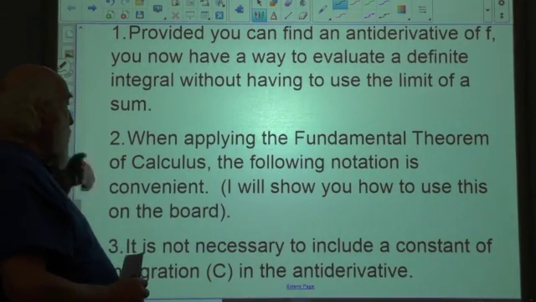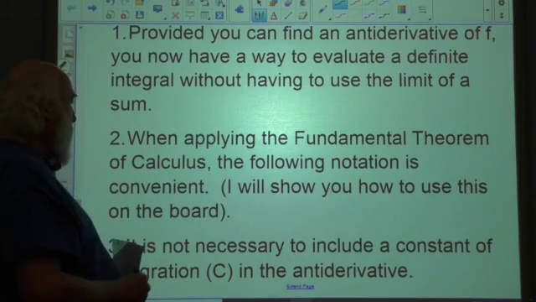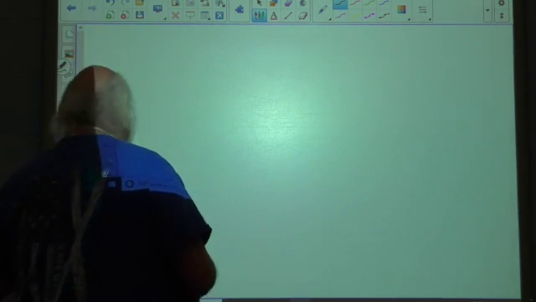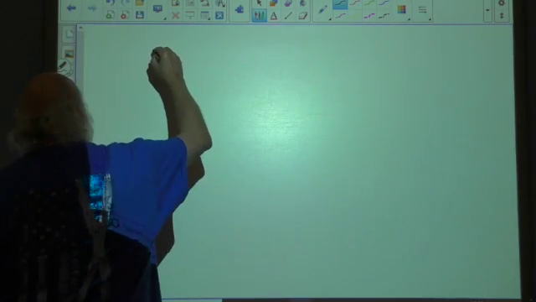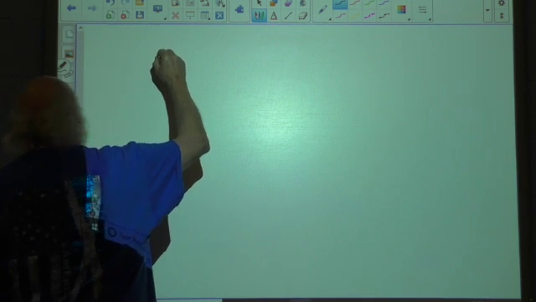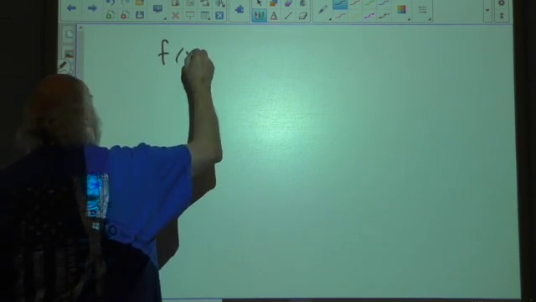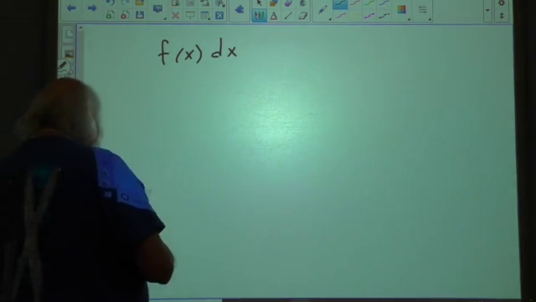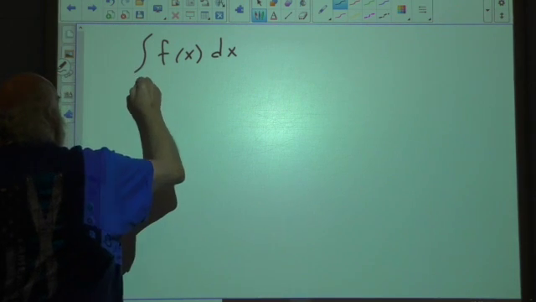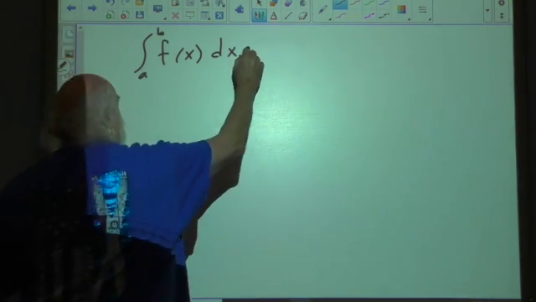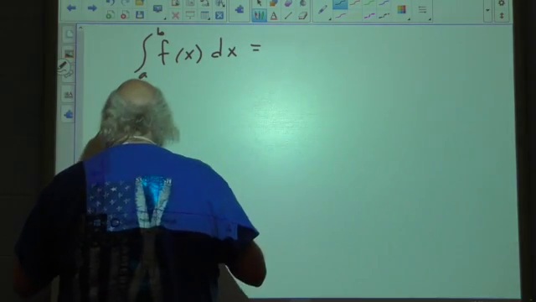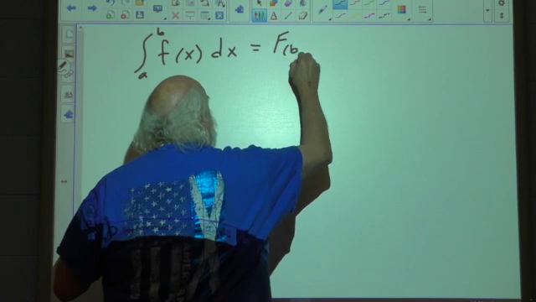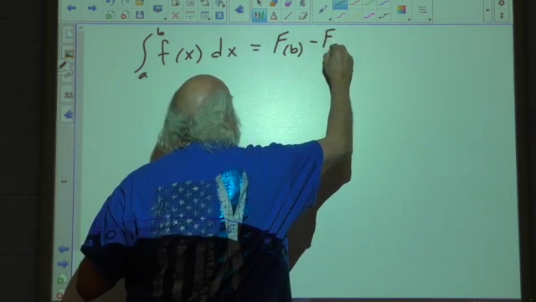The second one is when applying the fundamental theorem of calculus, the following notation is convenient. Let me show you the notation we're talking about here. If you have some kind of function that you are going to be looking at from a to b, then this is going to be equal to that function of b minus the function of a.